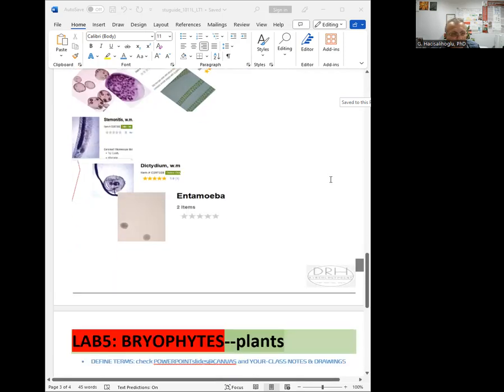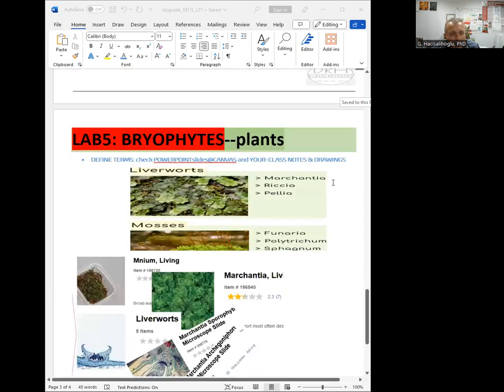Now lastly, we start bryophytes in lab number 5, which is actually Plantae. Plantae is a kingdom itself, which is whole plants, with more than 300,000 species listed. A very cool kingdom, which has several groups, first non-vascular plants that we see here, the bryophytes.